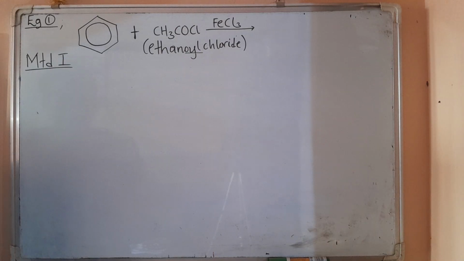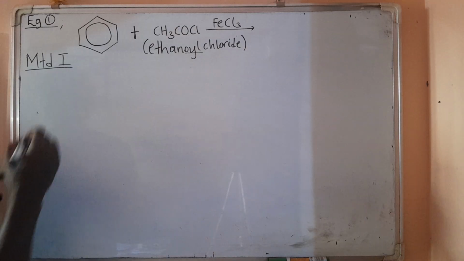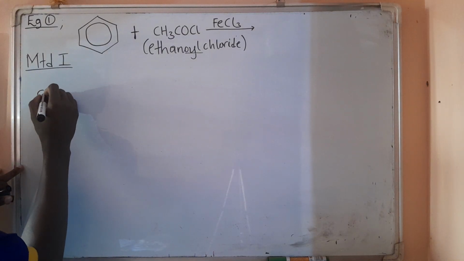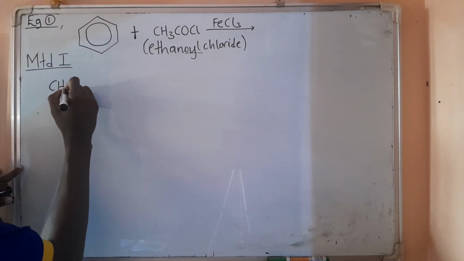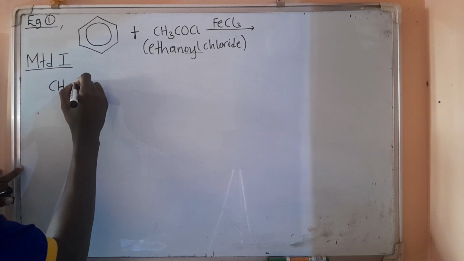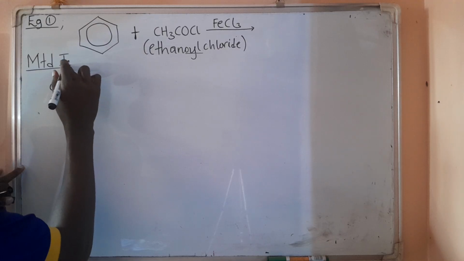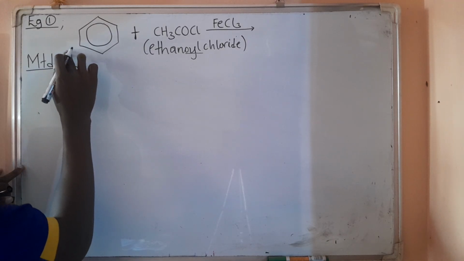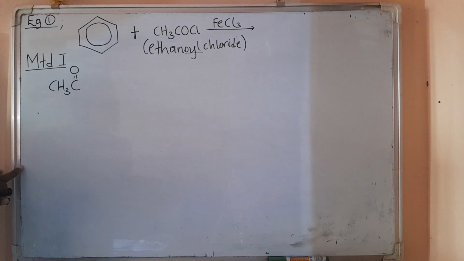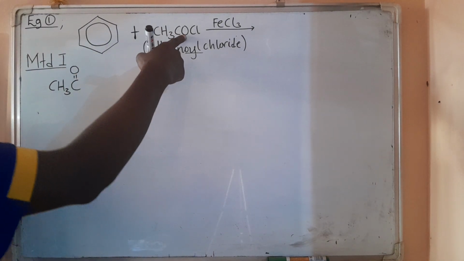So in approach one, I'll write my acyl compound as CH3, then C, there is a carbon to oxygen double bond.